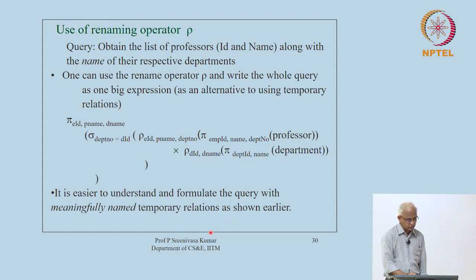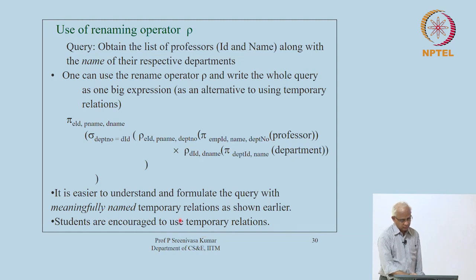So, I would encourage you to do that. Students are encouraged to use the notation of introducing the temporary relations and then writing the sub-expressions and then formulating the query. Okay. So, I hope these points are clear.